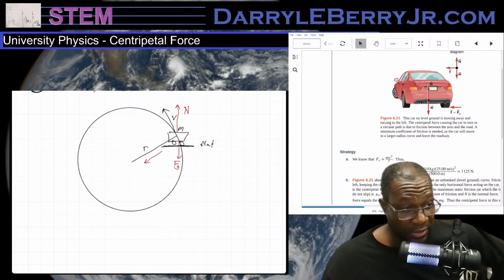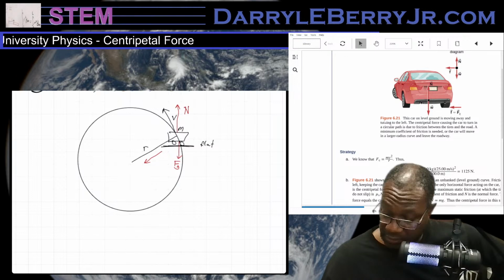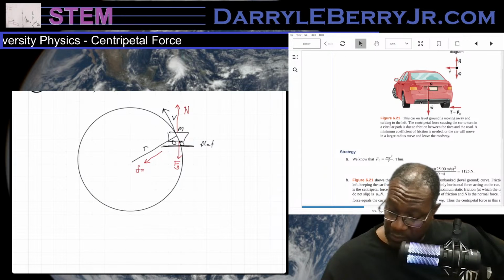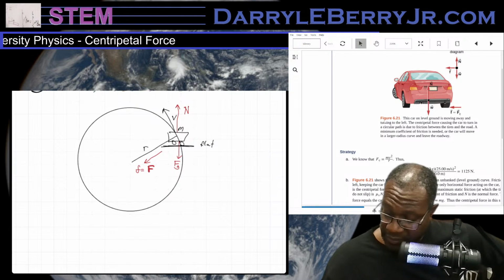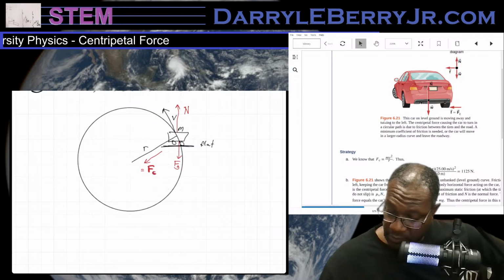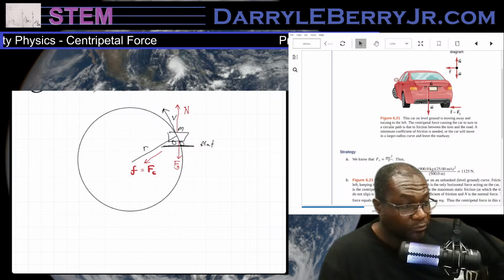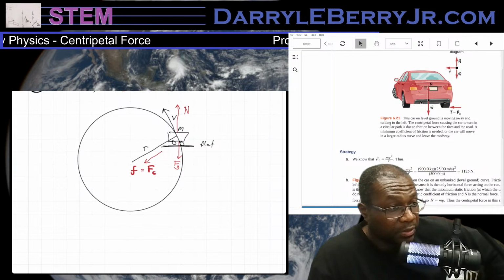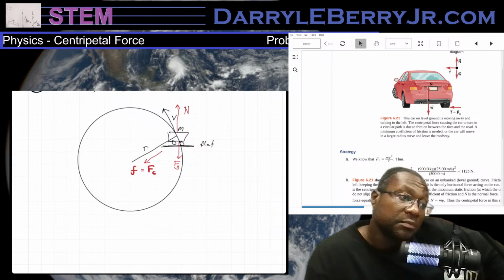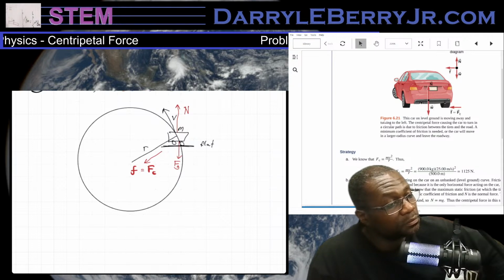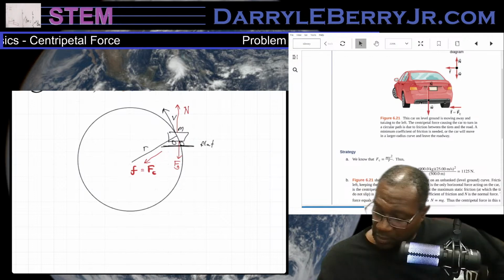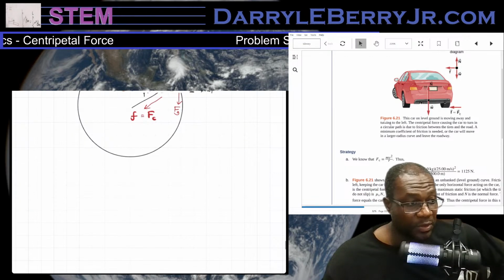We have the F equals Fc inward. And I like how they draw all the arrows on one point.